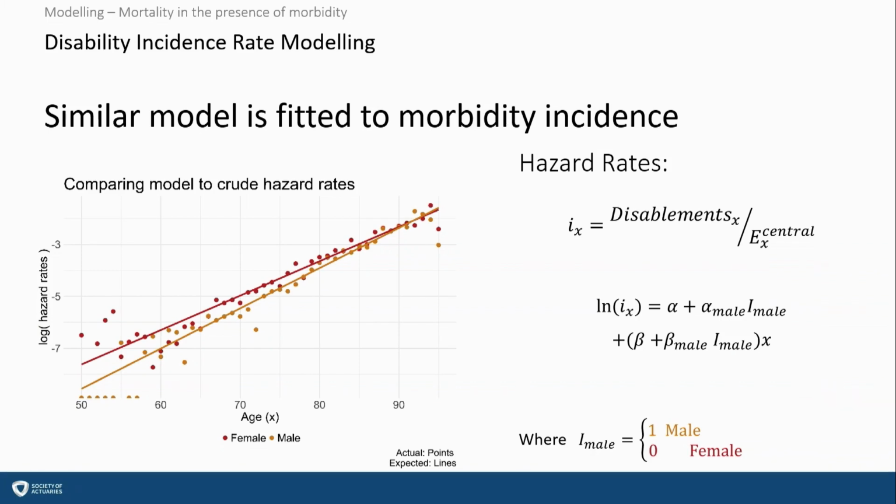In this instance, we just have a separation on males and females, and we again see a very much log linear pattern with age: as you get older, you're more likely to have a health event. An interesting feature, shown to be statistically significant within this experience data, is that in the younger ages, the females tend to have higher incidence of morbidity.